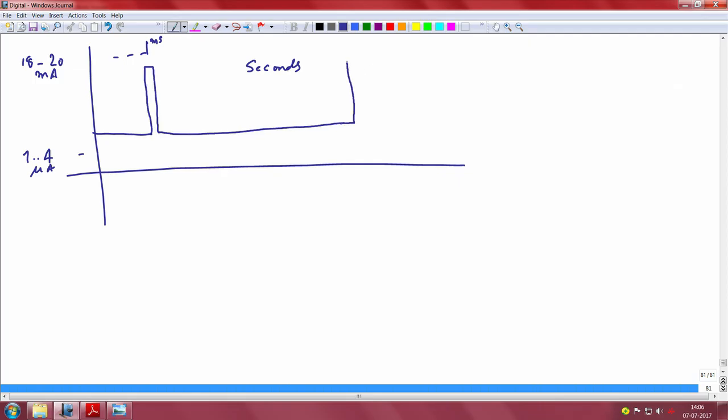And very narrow, right. Now it becomes comparable. This is all in milliseconds, and this is also in milliseconds, and this is in seconds, hundreds of seconds. This is time, this is instantaneous current.